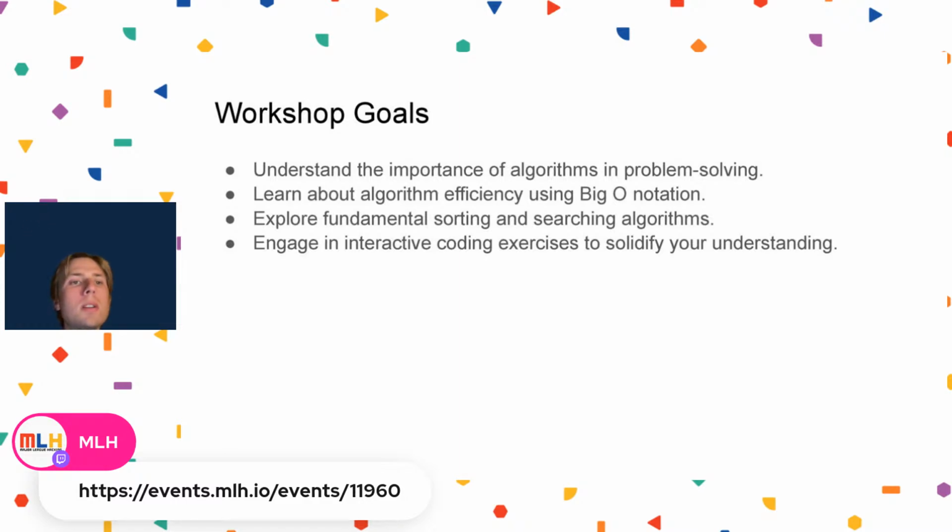And then we're going to learn about their efficiency, which is super important because if you have an algorithm that might be great, but in computer science, it's almost equally important to have something that's efficient. And if you want, we can then dive into some fundamental sorting and searching algorithms, these so-called essential algorithms. And then we'll engage in some interactive coding exercises so that we can all work together with some of these algorithms and really solidify our understanding.